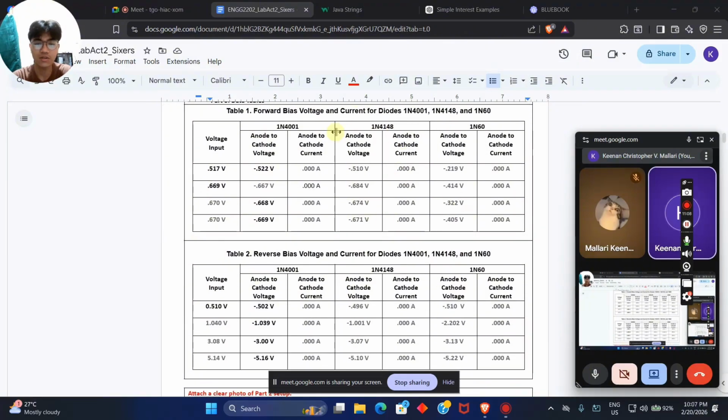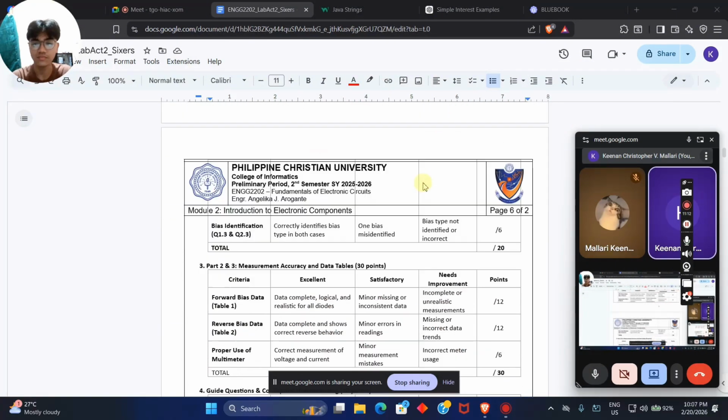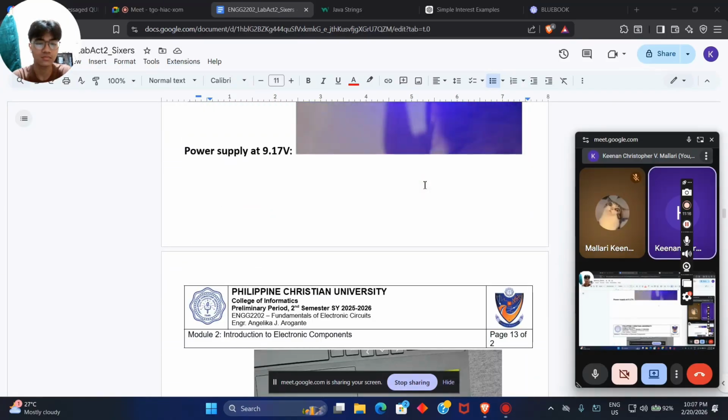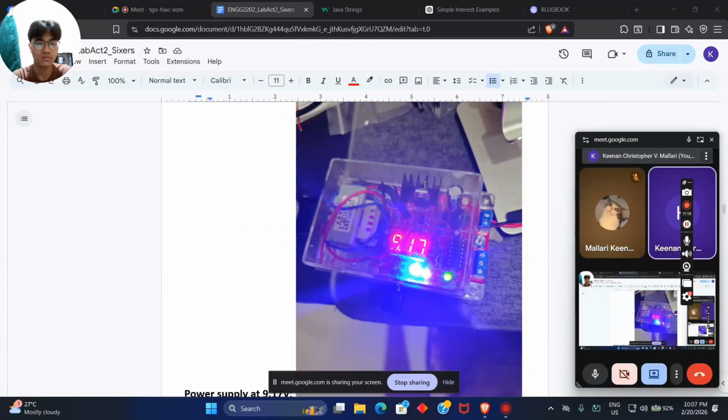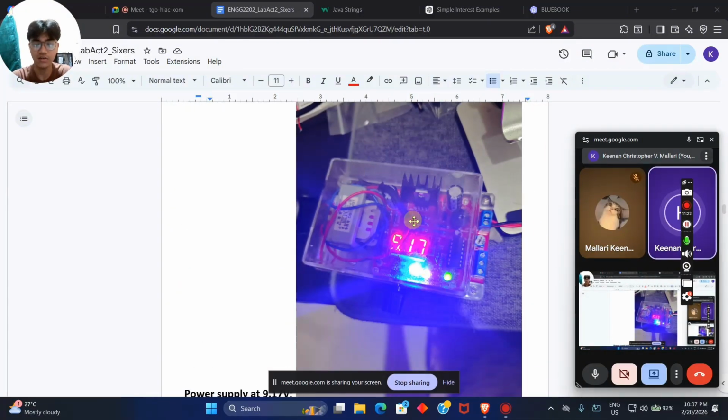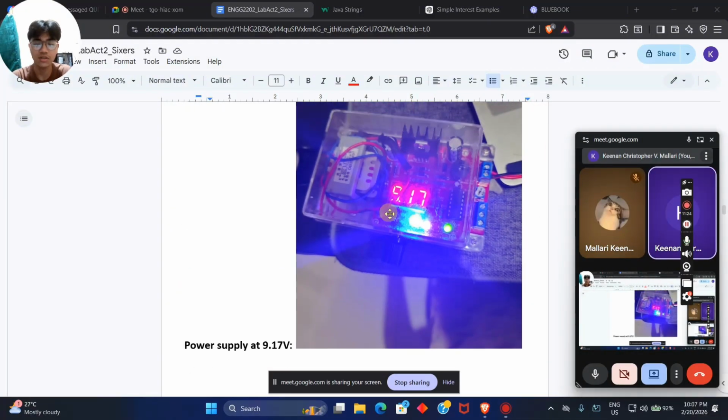1N4148 diode. And now we'll go back to forward bias. All right, we are indicating the correct amount of voltage. Since I can't put it on exactly 9 volts, I just set it as close to 9 volts as possible.